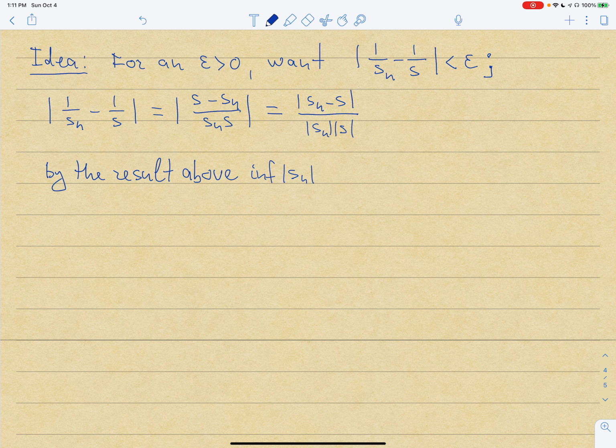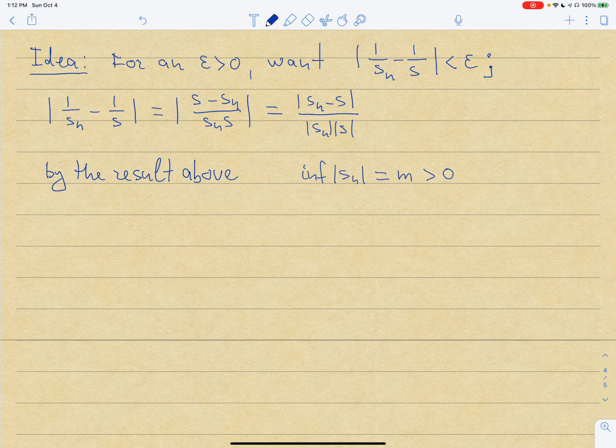I can write that this is equal to some little m, which is strictly greater than zero, right? And if infimum is strictly greater than zero, then actually one more thing that I can say here.